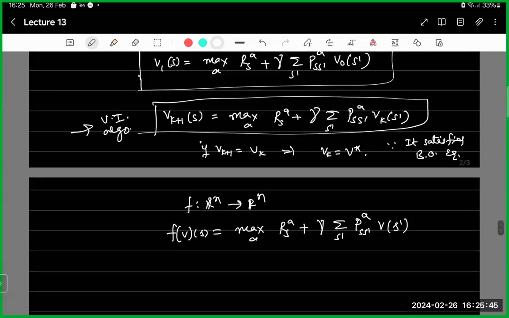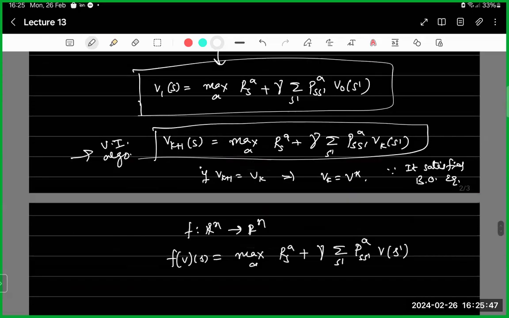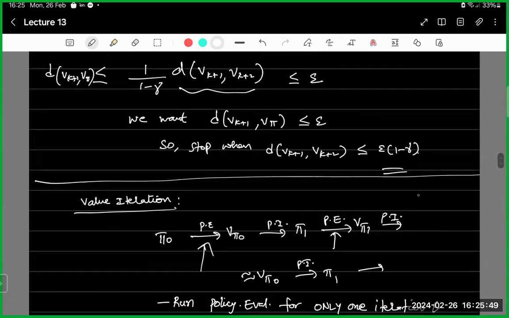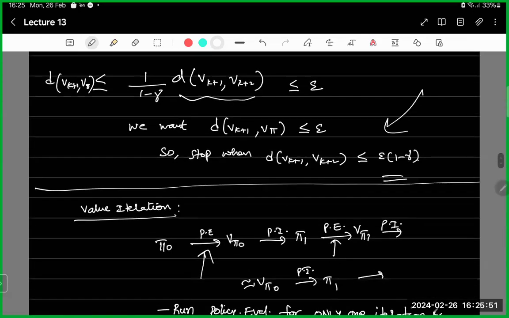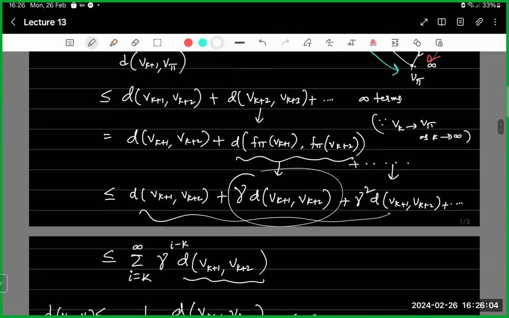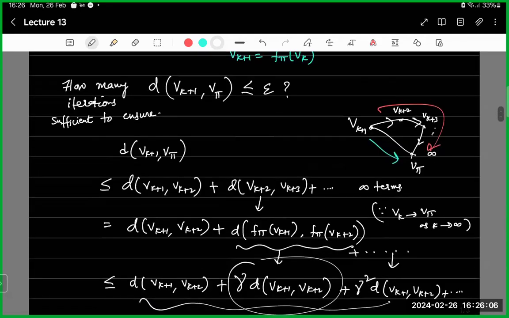So if that is true, then even this analysis will work, right? Because all that we used is that the distance after applying F is gamma times the distance before applying F. We did not use any other properties of F. The same proof will go through because the limit of Vk plus 1 will be V star, as k tends to infinity, Vk tends to V star.